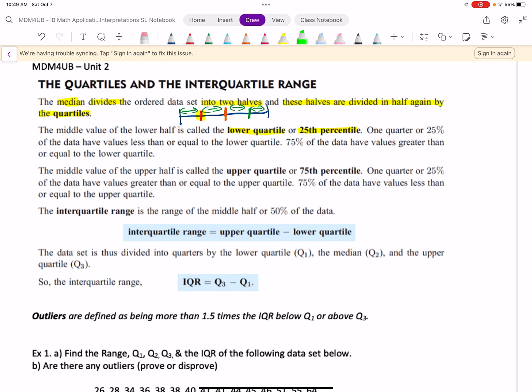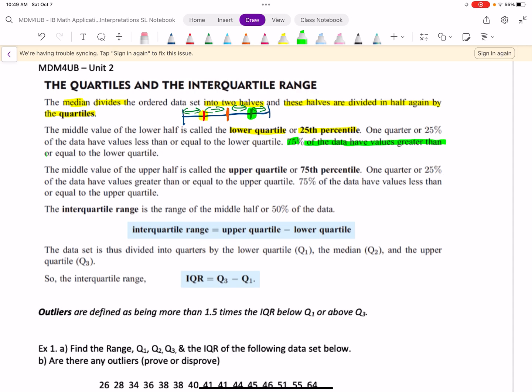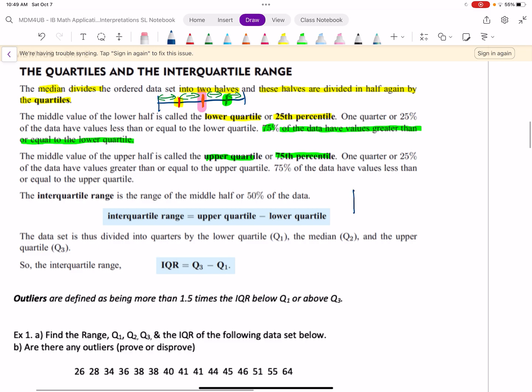If I go to the upper half, the 75th percentile, then 75% of all your data are equal to or below that quartile, and therefore 25% are above it. This idea of splitting into quartiles also means that the median, our middle part here, is the 50th percentile.